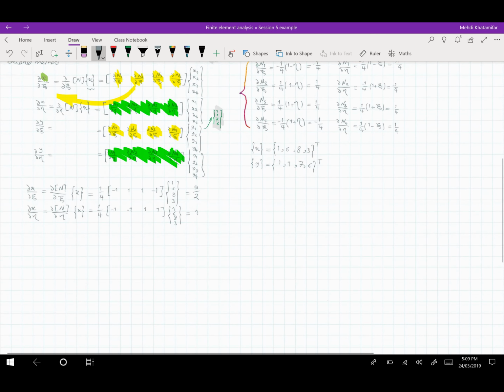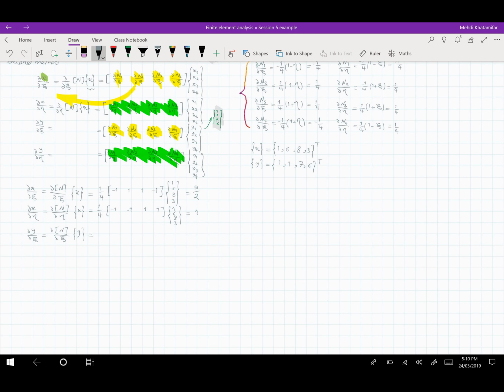Now I'm going to find the derivative of y over psi, which is going to be the derivative of N over psi multiplied by y.